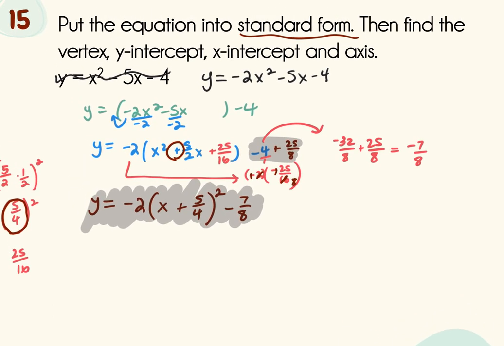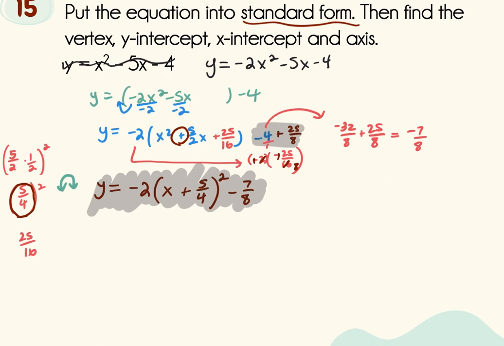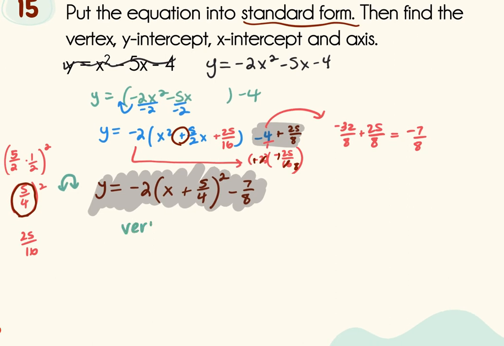What do we do with the 2? Nothing right now. That 2 means it's narrow, and the negative means it's upside down. But we don't even need that yet. Everybody good so far? Okay, so what direction is this facing? Down, because of the -2. What's the vertex? Good. -5/4, -7/8.